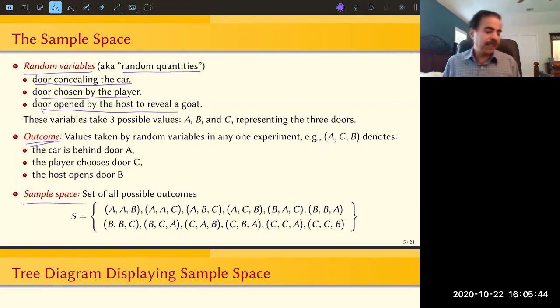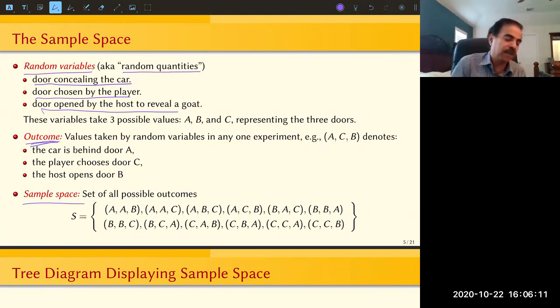So the outcome is a fancy way of saying, what are the values of these random quantities in a particular experiment, right? So in this case, you compete in this game show, and what are the three things that you see that are applicable in the particular time that you compete, right?